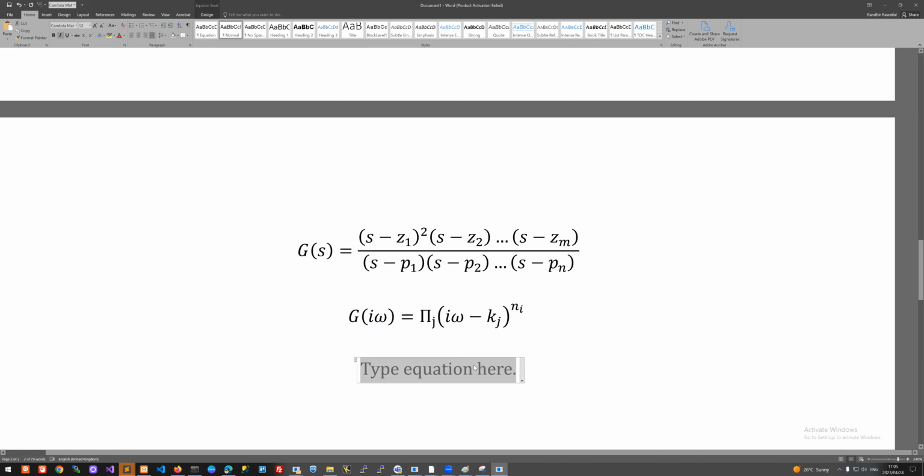And then we can also say, well, the magnitude can be obtained just by multiplying all these things together as well. So the magnitude of G of I omega is nothing but the magnitude of each of these pieces raised to the n_j. And what we actually want is 20 log 10 of this.